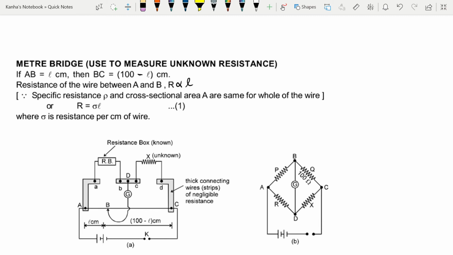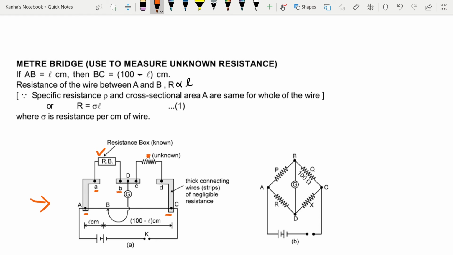A meter bridge is used to measure an unknown resistance of a wire. The setup has been shown to you in the diagram here. This is the setup for the meter bridge. You have a 1 meter long wire between A and C. You have a known resistance box between these points A and B. Similarly, you have an unknown resistance.